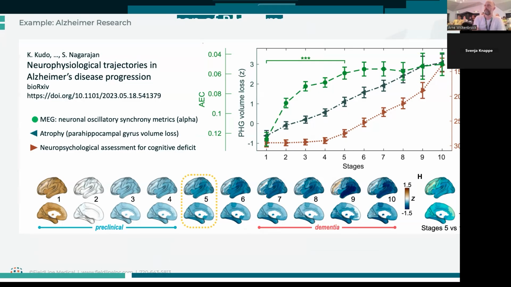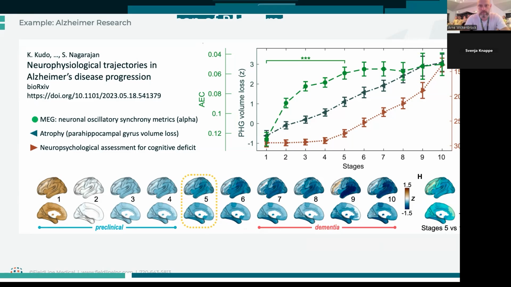This is another example that is close to my heart because I was personally affected through a family member. This is Alzheimer's diagnosis. Currently there are a few different methods to diagnose Alzheimer's, in different stages, and they're clinically defined.